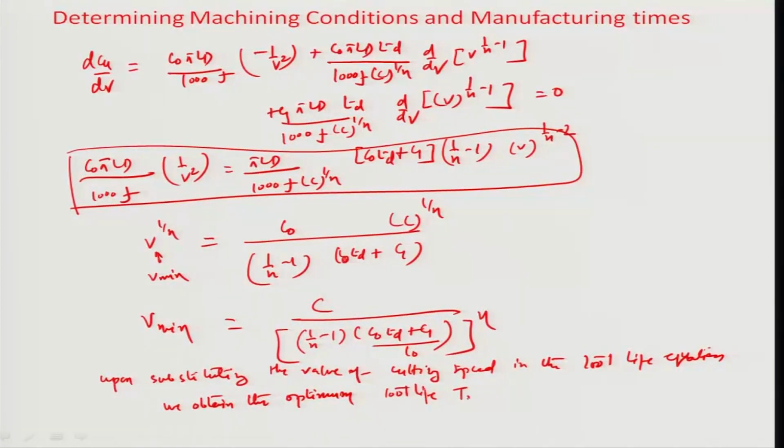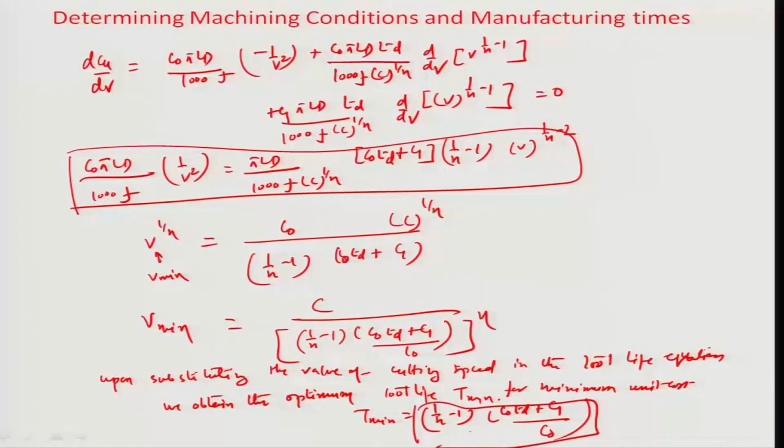I can say this is T minimum, corresponding to the minimum unit cost model, as T min is 1 by n minus 1 times C0 Td plus C1 divided by C0. Okay. So, that is how you obtain the time minimum and the velocity minimum, where the term min corresponds to the velocity corresponding to the minimum cost of machining.